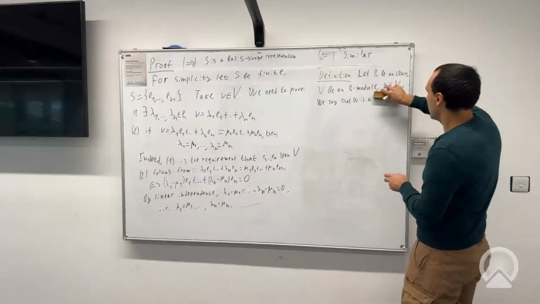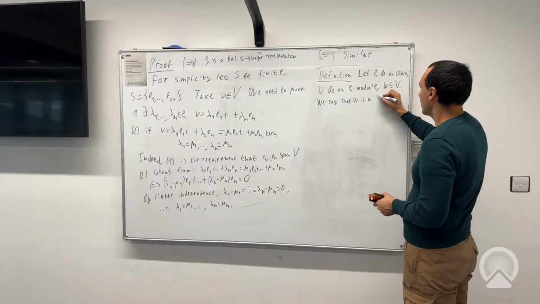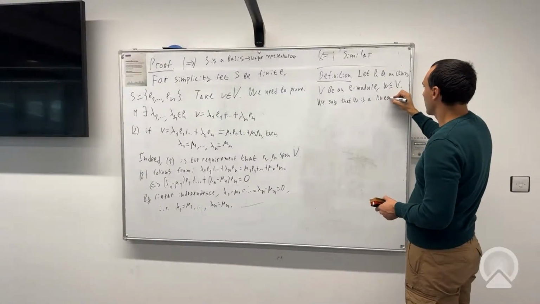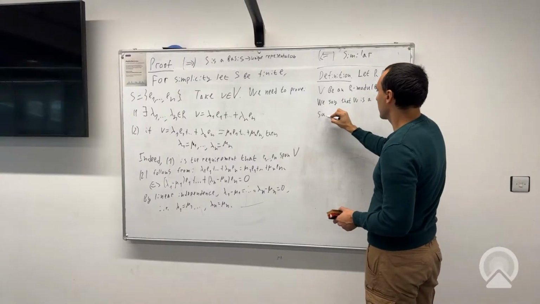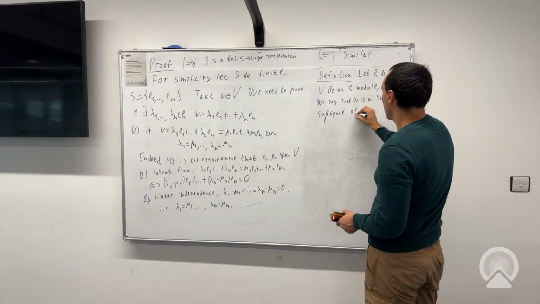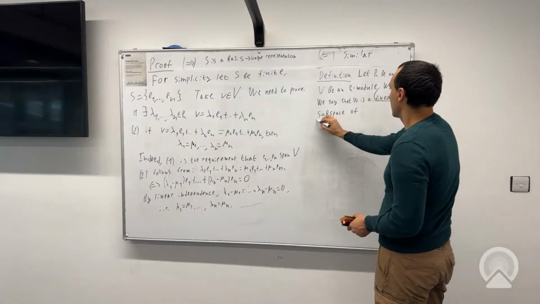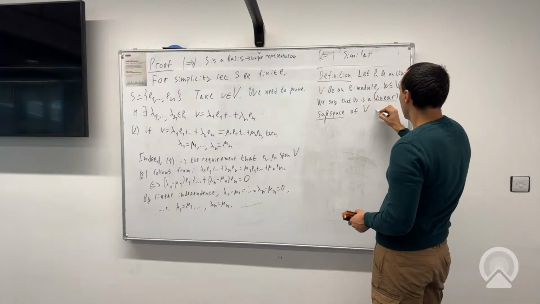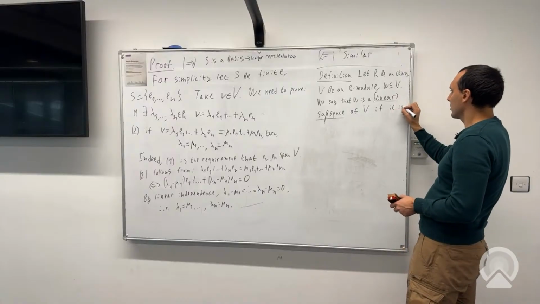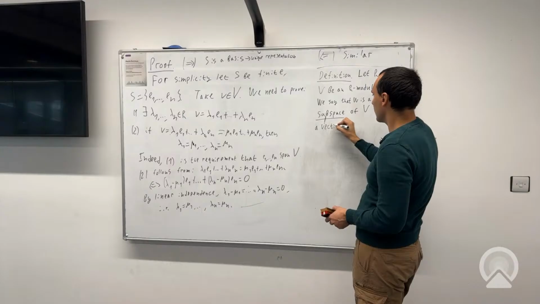Sometimes the word linear is omitted. W is a subspace of V if it is a vector space with the restricted operations.